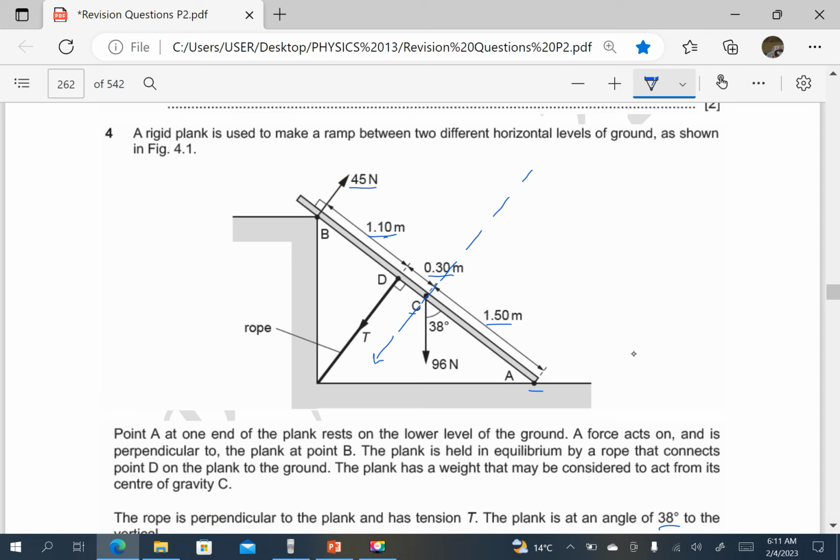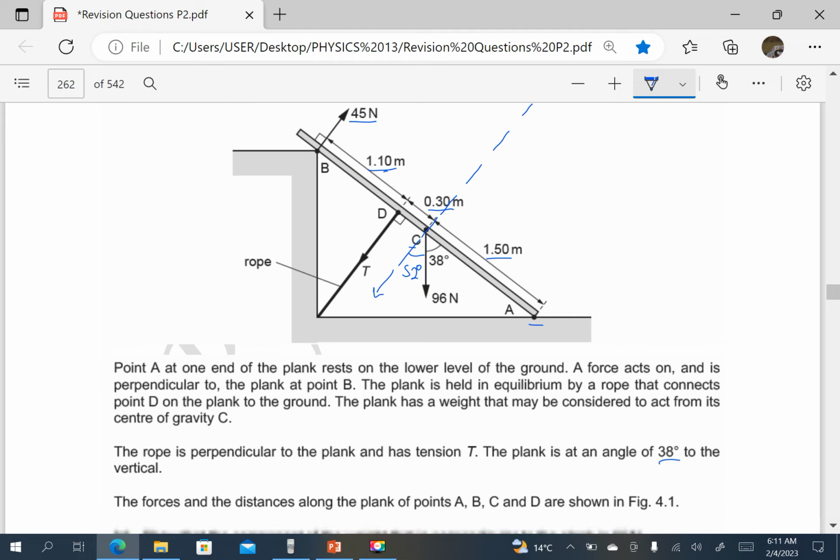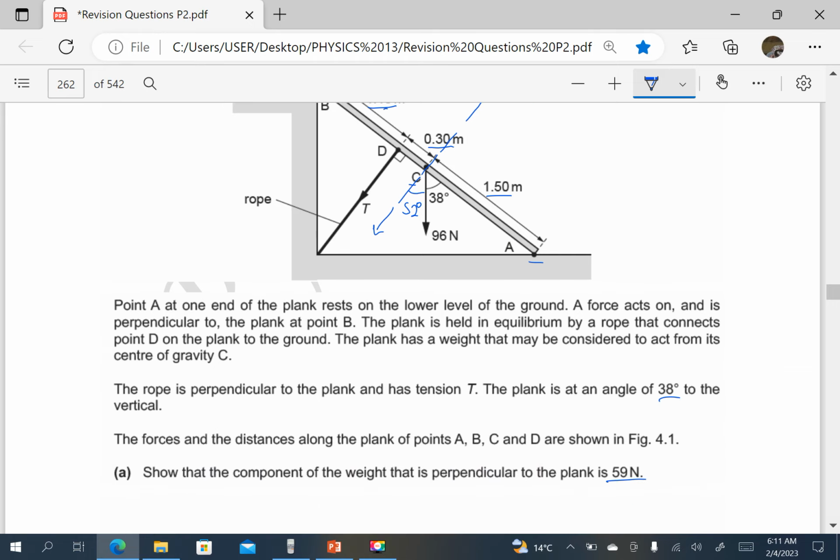We can use 38 degrees or we can use this angle here, which is going to be 52 degrees, because we are looking for a component which is perpendicular. So it means the sum of the 38 plus the angle between the force and the vertical and the perpendicular should be 90. When I use 52 degrees, this component is going to be 96 cos 52.